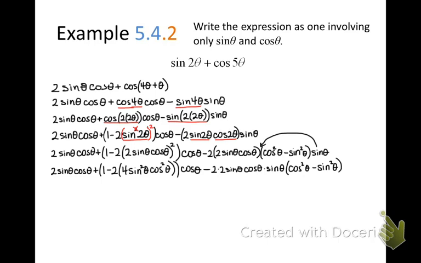Okay, back to the beginning, see what we can keep on doing. We've got 2 sine of theta cosine of theta plus, this can now be condensed down into 1 minus 8 sine squared of theta cosine squared of theta.